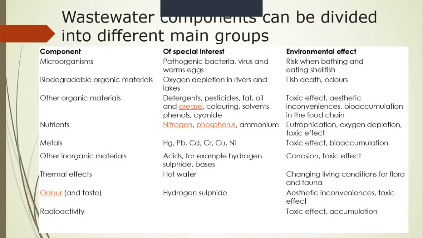Similarly, the organic material and nutrients will pollute the surface water bodies, and especially the nutrients would lead to eutrophication, which is the enrichment of nutrients, which will lead to algal blooms.